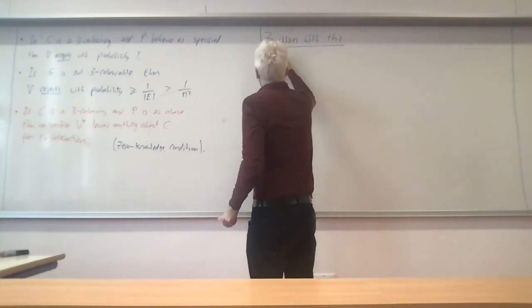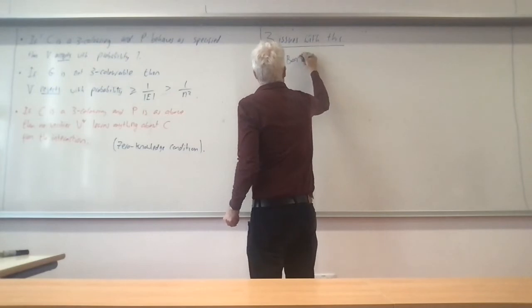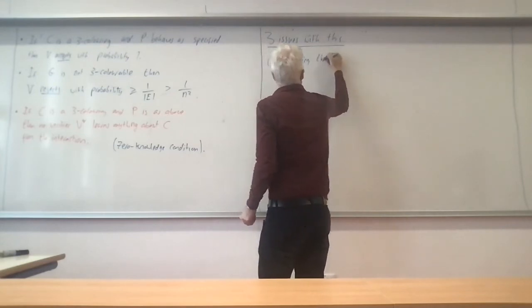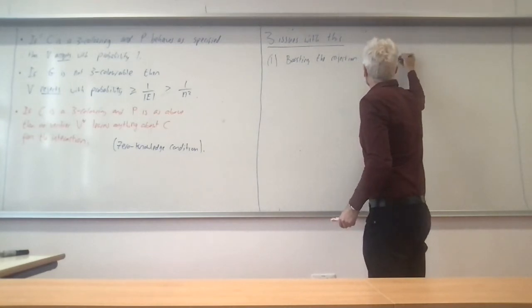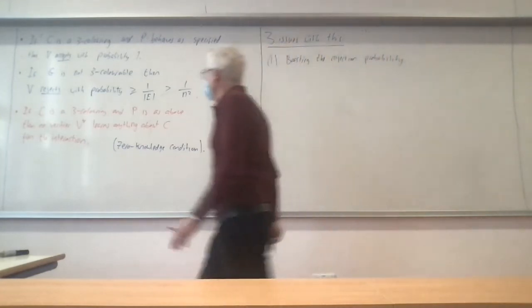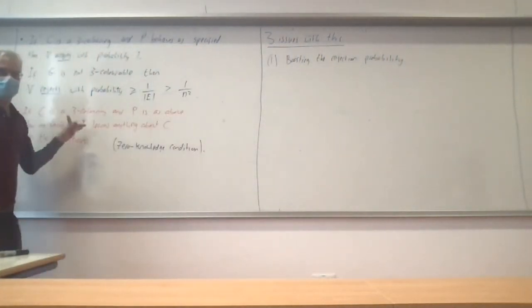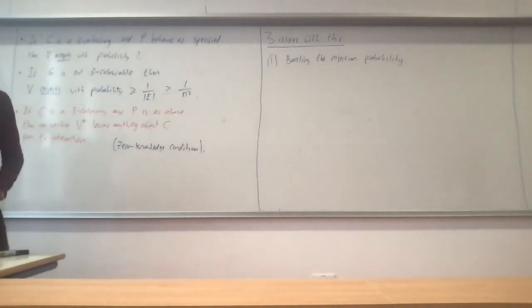So the first one is boosting the rejection probability. But again, we're just going to do this by running a repeated number of times. We just have to repeat quite a few times.